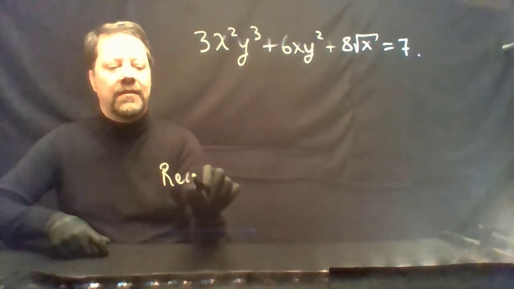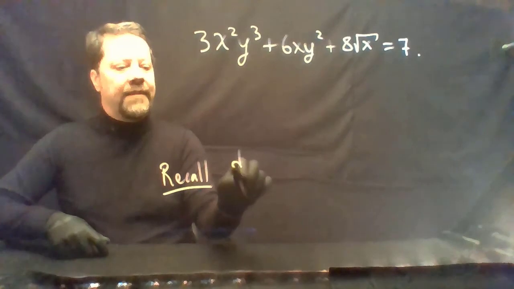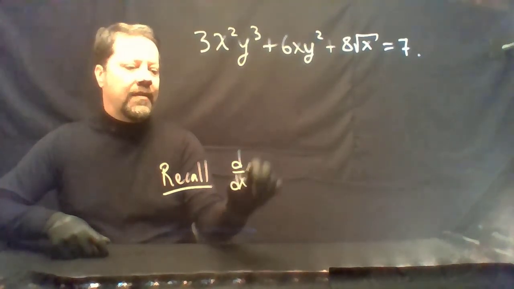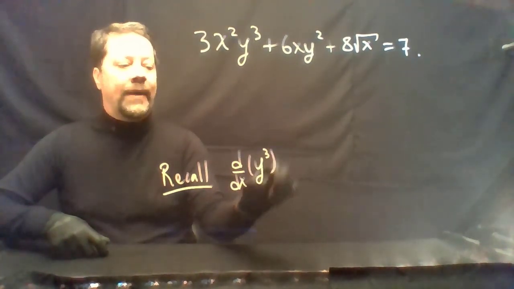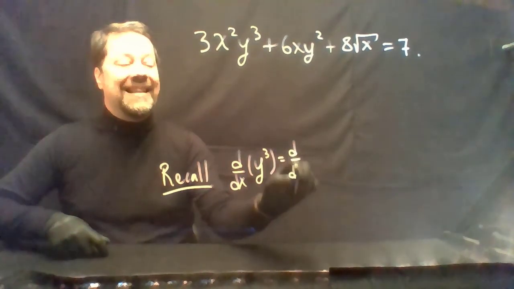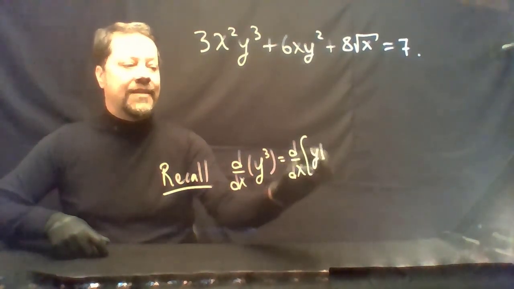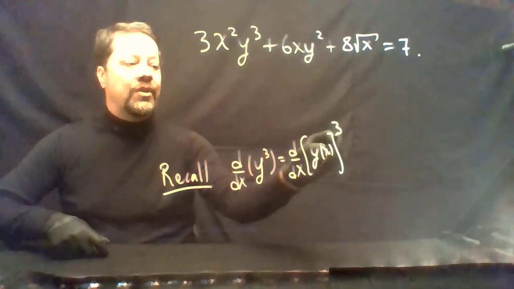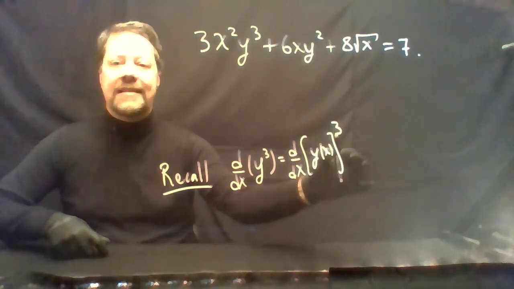Recall that if I'm taking the derivative with respect to x of y cubed, I really need to think of that as y as a function of x cubed. So I have a function inside of the power function.